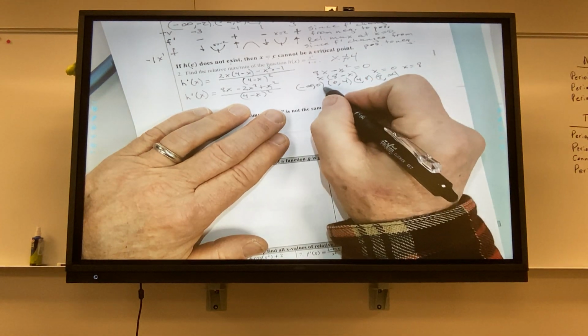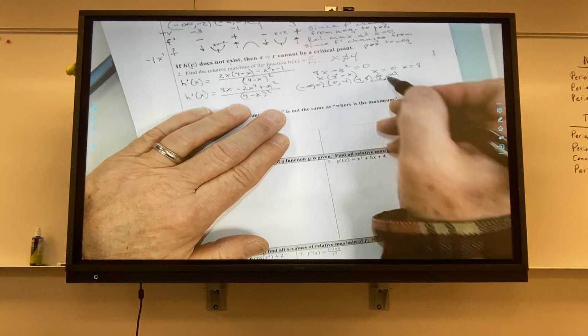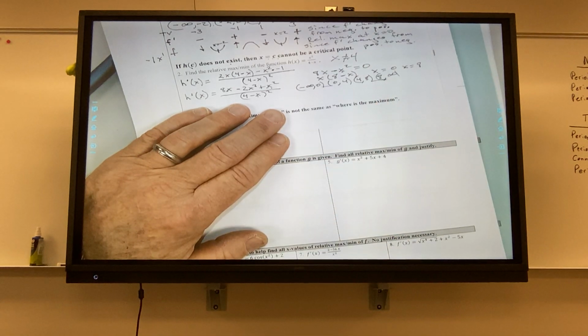My only answers are going to be 0 and 8, not 4. But I have to include 4 because it separates the graph. Is that kind of making sense to everybody?